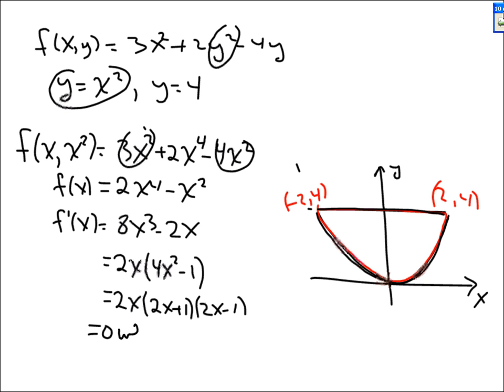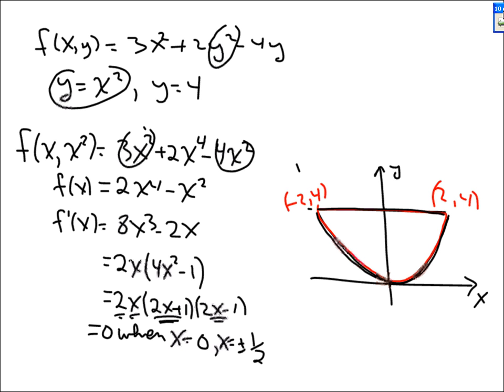This equals 0 when, well, 2 is never 0. It's 0 when x is 0, when x is negative a half, and when x is plus a half. We'll get plus or minus a half.